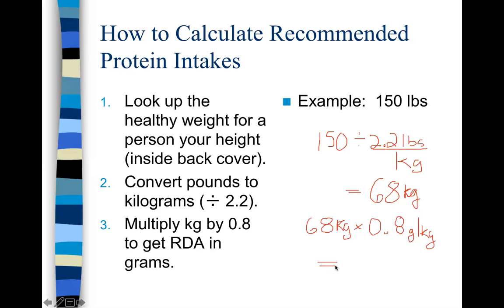And what we're going to get is 54 grams of protein per day. So that would be the recommended amount based on the RDA for a person who weighs 150 pounds. So you should be familiar with how to determine how much protein somebody needs, and I think you'll have a couple examples on your study guide.